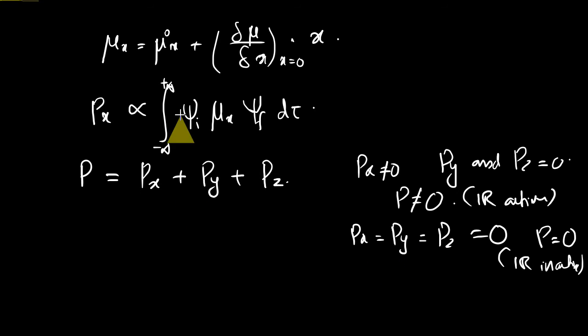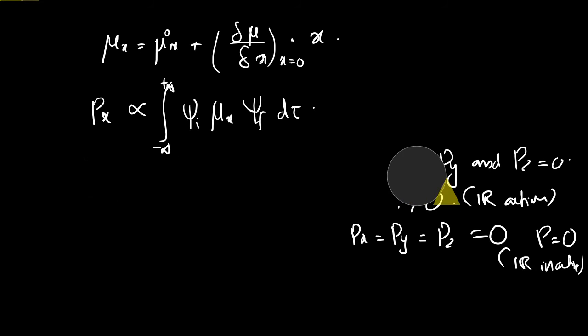And now I am going to expand this expression for Px. We have an expression for Px which is proportional to the integral from minus infinity to plus infinity of psi I mu x psi f d tau. What I am going to do is give the expression for mu x here.